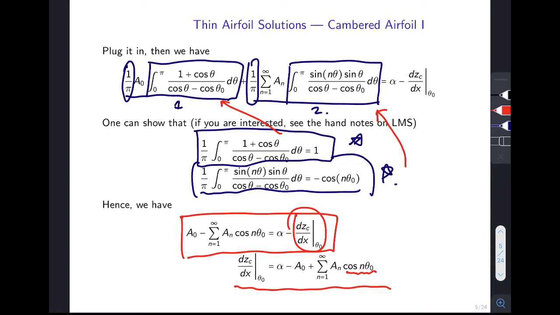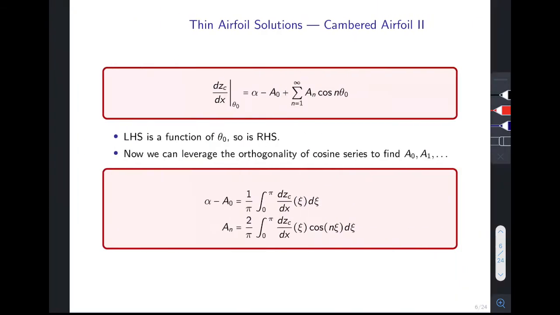If you look at this expression, finding a0 to an is basically a trigonometric expansion. The trick we're going to use is the orthogonality of the trigonometric expansions.